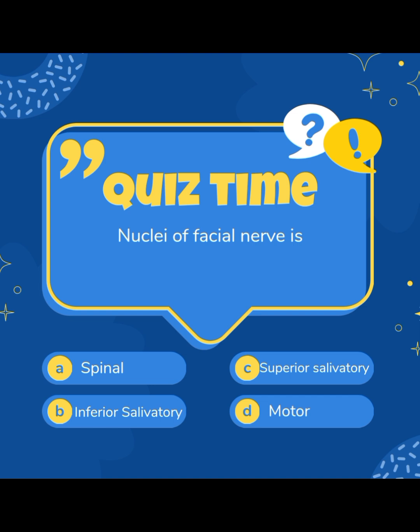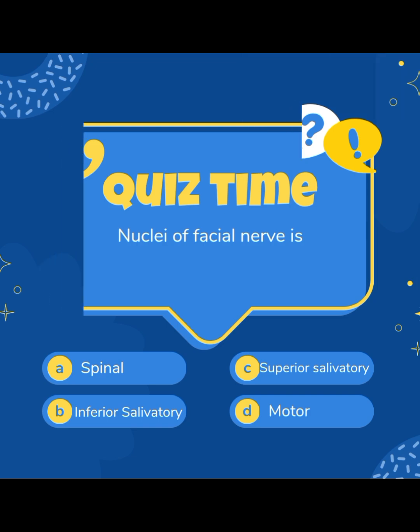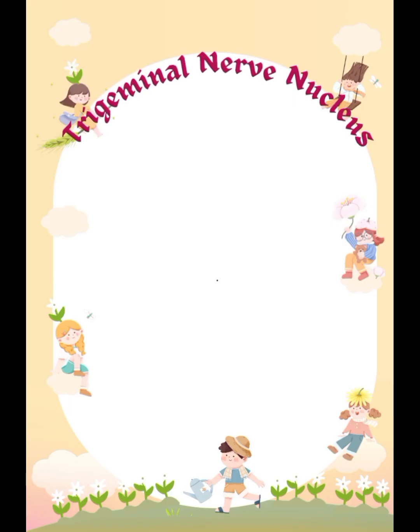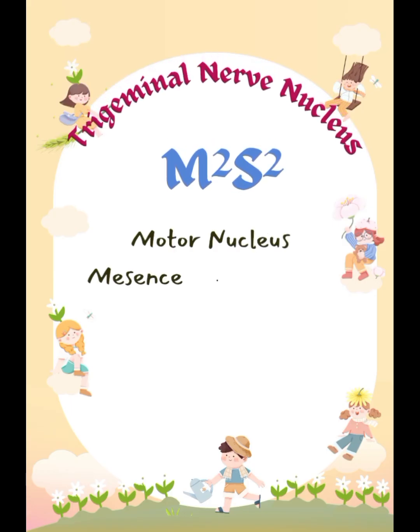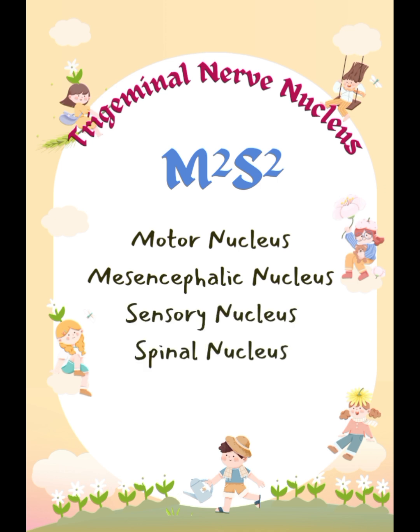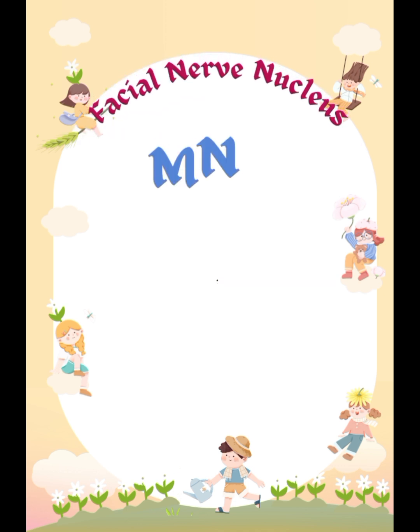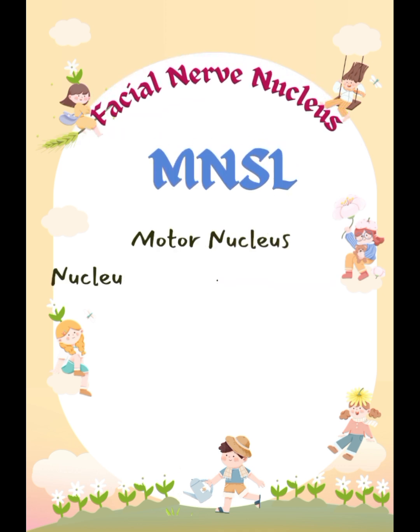For this question, I think we should recap a little bit. So, nuclei of trigeminal nerve is M square, S square: motor, mesencephalic, spinal, and sensory. Then, facial nerve. For facial nerve, what is the mnemonic? MNSL, yes.